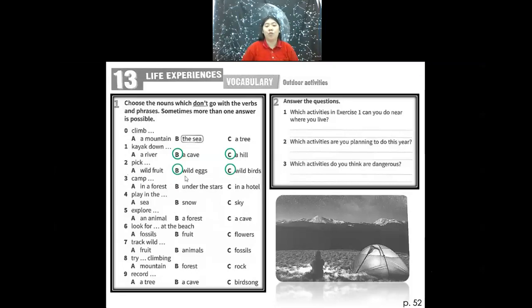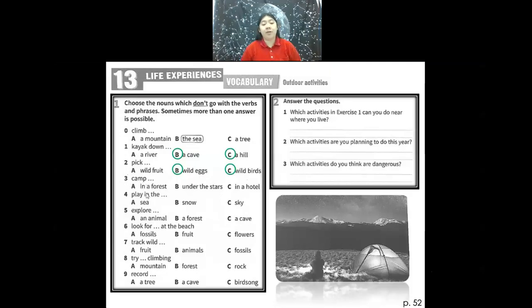They won't let you pick up wild birds anyway. And in some countries like the UK, it's illegal to collect wild eggs, eggs that are in nests. It's cruel. They might be hatching soon, and the parent birds might be very sad if you take their eggs away. It's like taking the children away, you know.